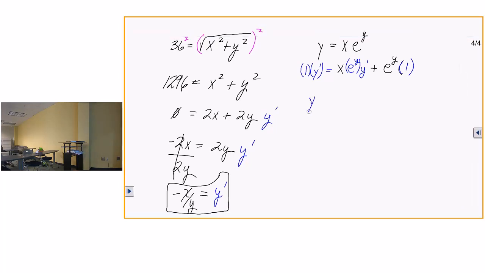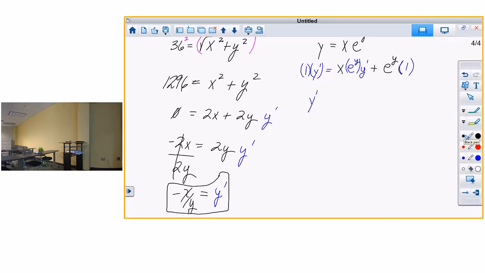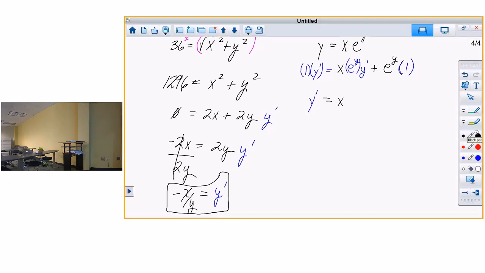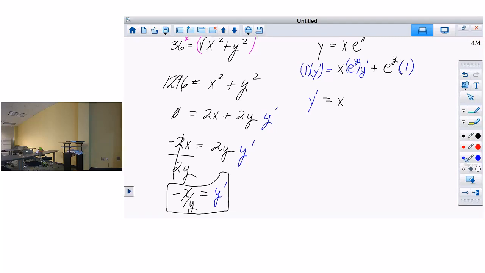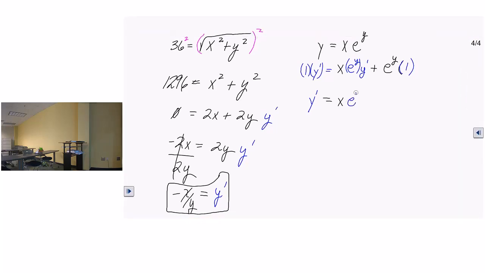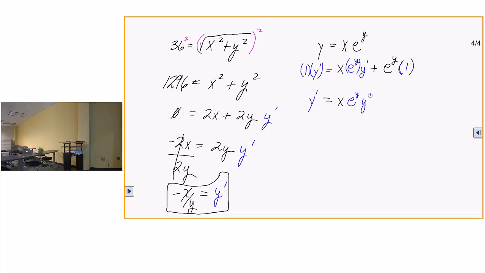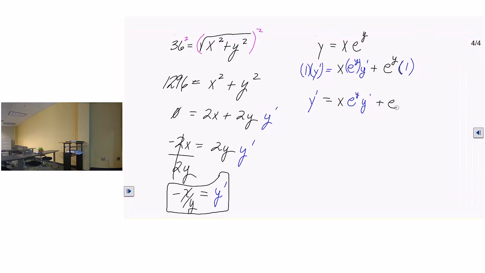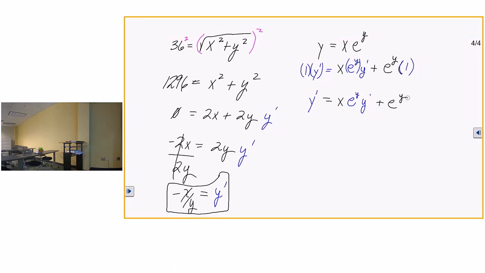y prime is equal to x y prime e to the y, or however you want to write it, plus e to the y. Now, the first thing I'm going to do is get my y primes on the same side.